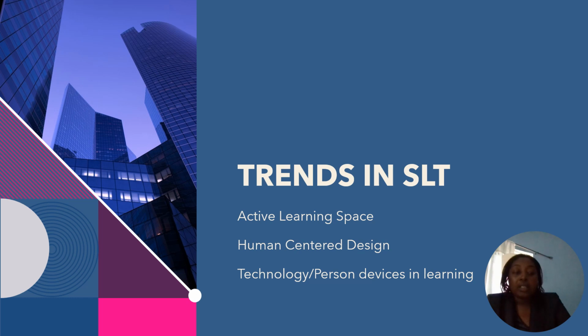As it relates to active learning spaces, there is a thrust toward seeing how classroom and informal spaces are being redesigned to encourage learner participation, interaction, and social engagement. The flexibility to facilitate learning and to create a collaborative workspace that supports student-centered learning is one of the trends that I noticed when I was doing my research on social learning theory.